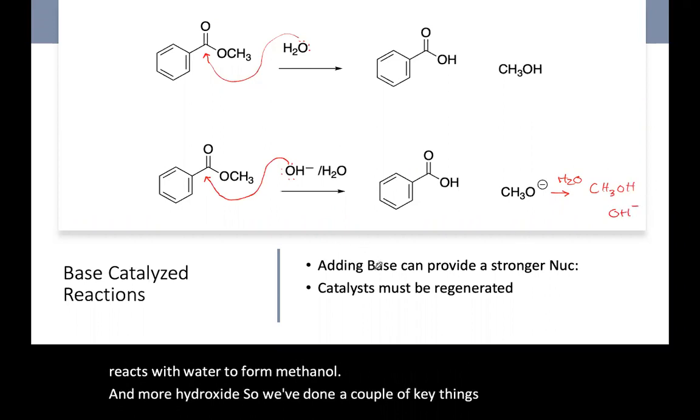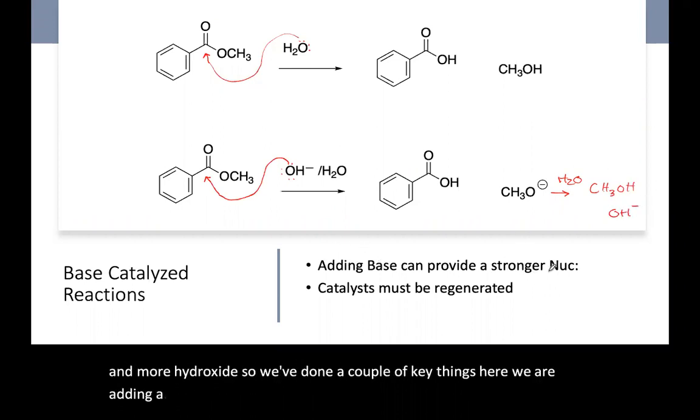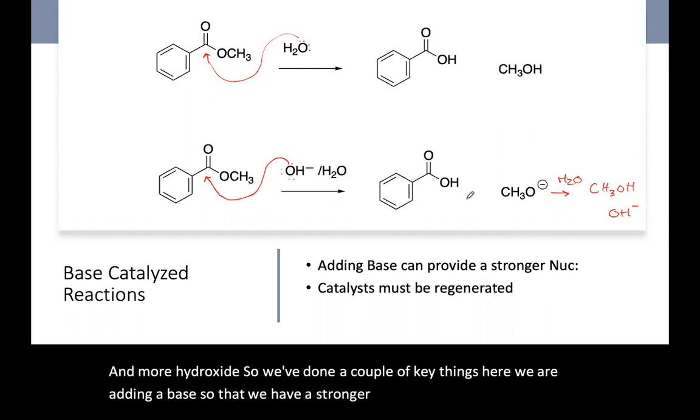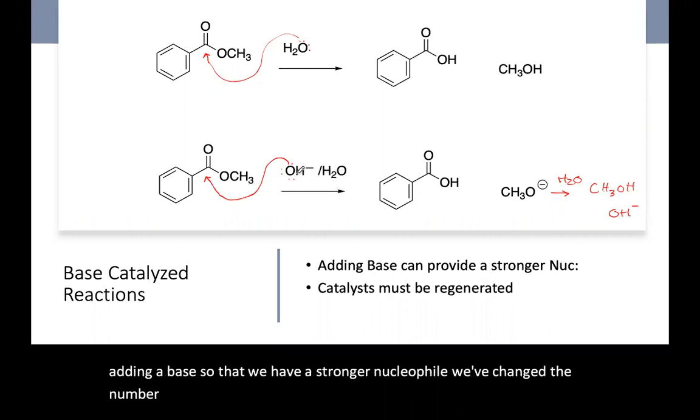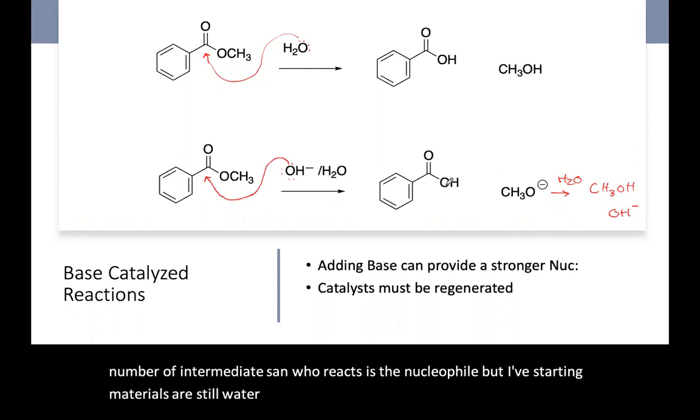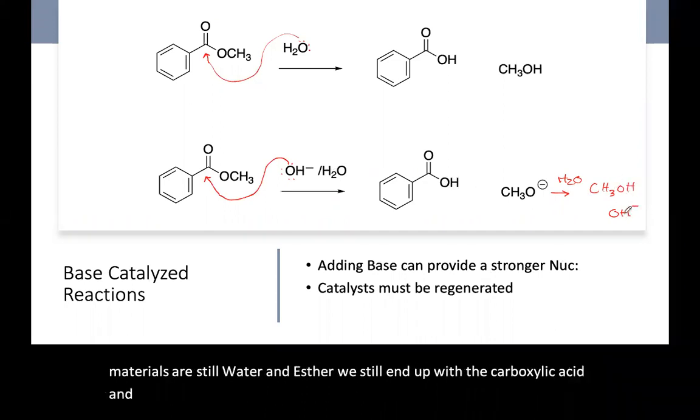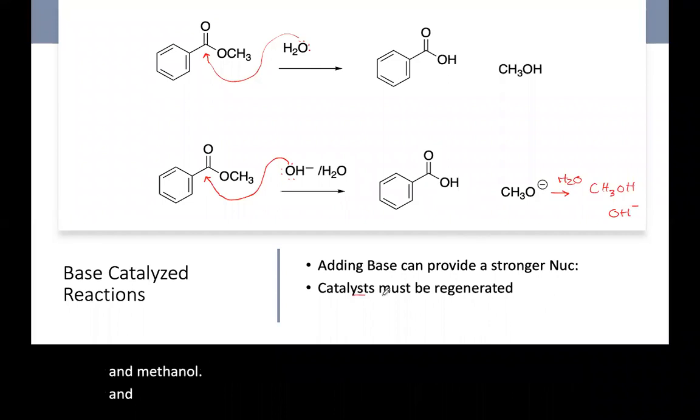We're adding a base so that we have a stronger nucleophile. We've changed the number of intermediates and who reacts as the nucleophile, but our starting materials are still water and ester. We still end up with the carboxylic acid, methanol, and we've regenerated the hydroxide. So it wasn't consumed in the reaction.